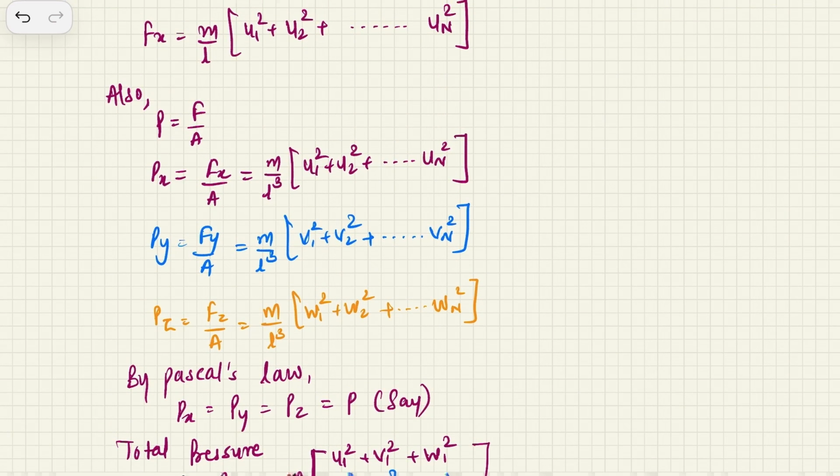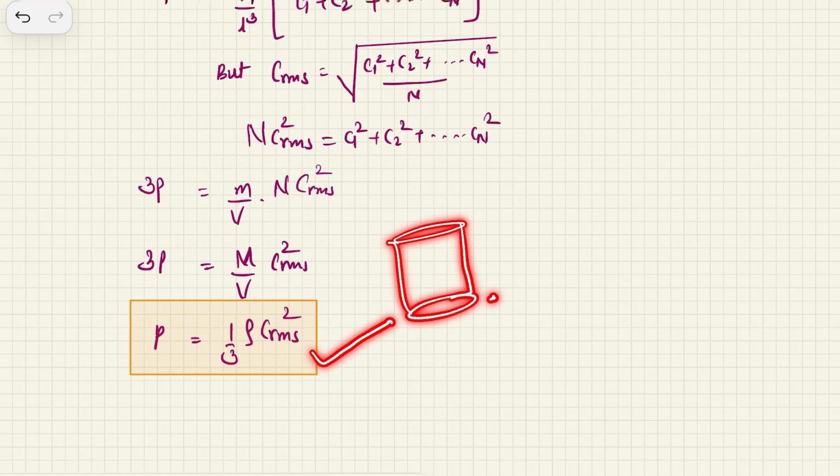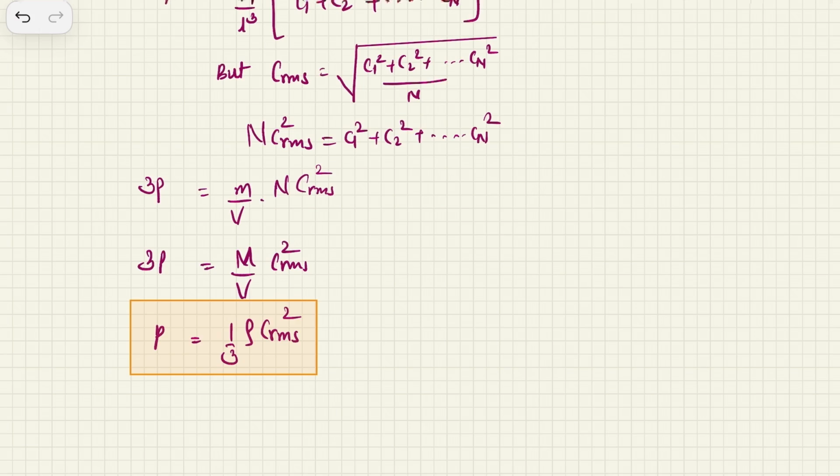And also I would like to mention, in the final formula, there is a mention of density and the CRMS. Now density does not depend upon the shape of the container. So had we taken a cylinder, the formula would have remained the same. If we had taken a cone, the formula would have remained the same. Taking a cube is just a matter where cube makes our calculation easier.